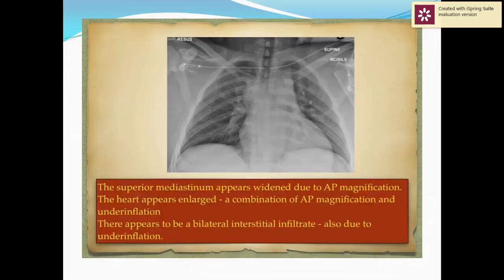So the superior mediastinum appears widened in the AP view, the heart appears enlarged, the cardiothoracic ratio is enlarged because this is the supine view, and bilateral interstitial infiltrate also due to under inflation, so the patient did not take a full inspiratory film.